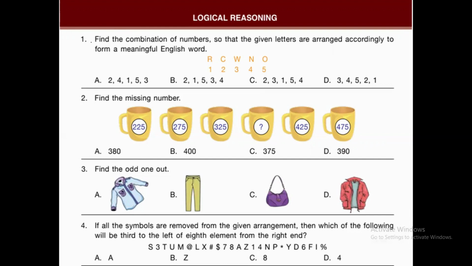Okay, so let's begin. The first question here is: find the combination of the numbers so that the given letters are arranged accordingly to form a meaningful English word. We can see some letters given here, and each letter is assigned a number. R has number 1, C has number 2, W has number 3, N has number 4, O has number 5.